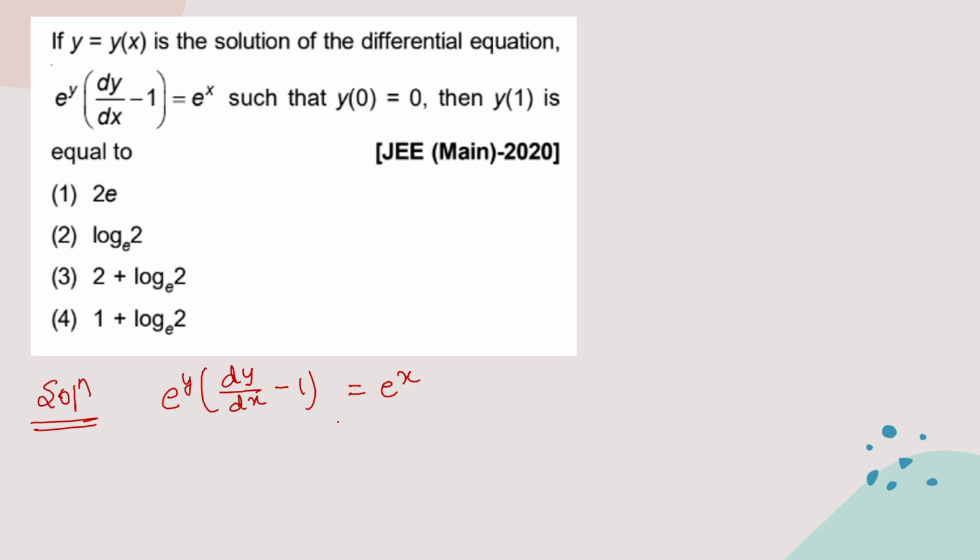But is it directly convertible to the linear differential equation format, the way we have studied? I don't think so. Because equation should be like this: dy by dx minus p of y is equal to q, or the reverse case.